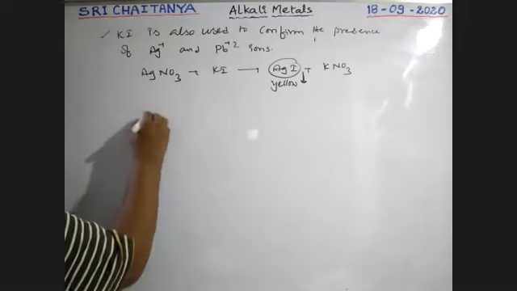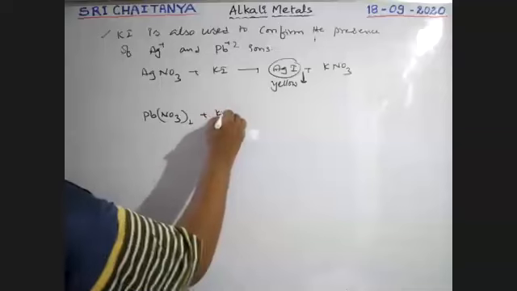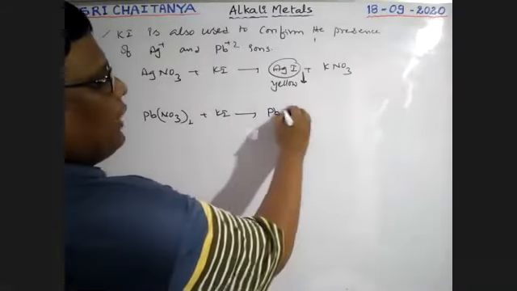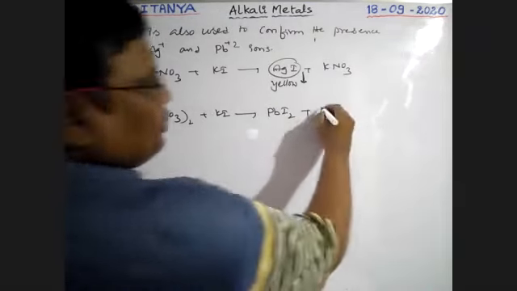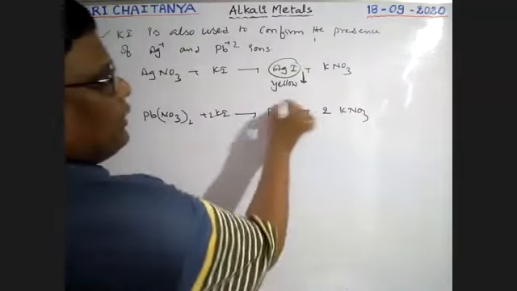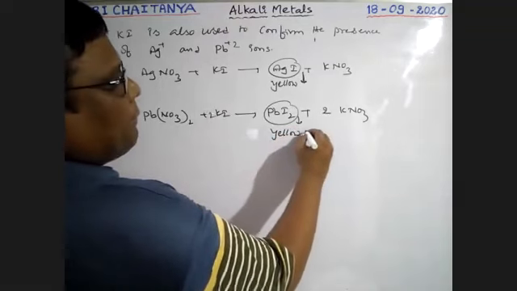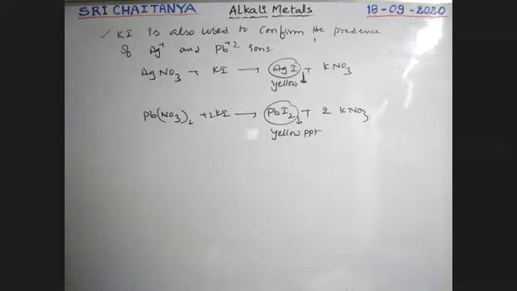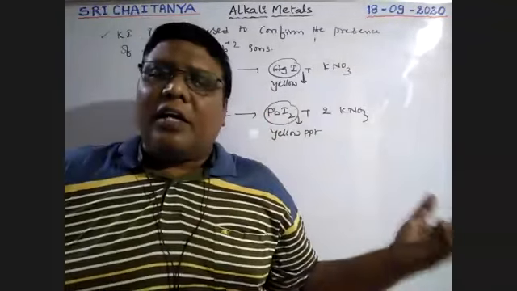Similarly, lead nitrate, Pb(NO3)2, when it reacts with potassium iodide, gives PbI2, lead iodide, plus 2 moles of KNO3. This one is also a yellow colored precipitate. So the formation of yellow color may be the presence of either lead ion or silver ion.